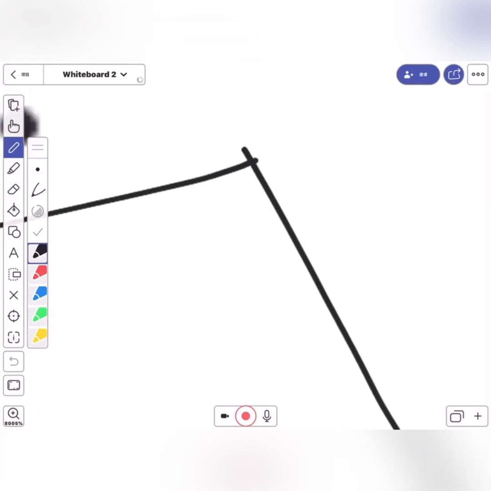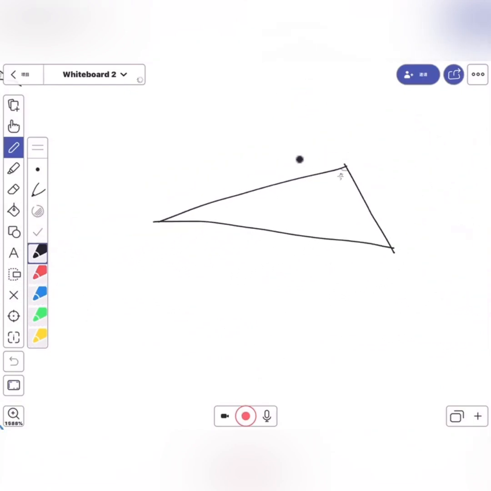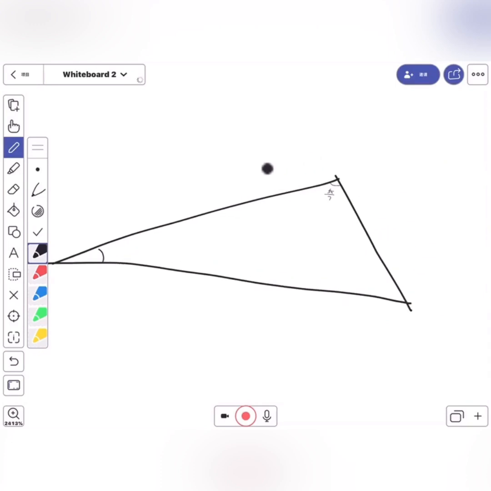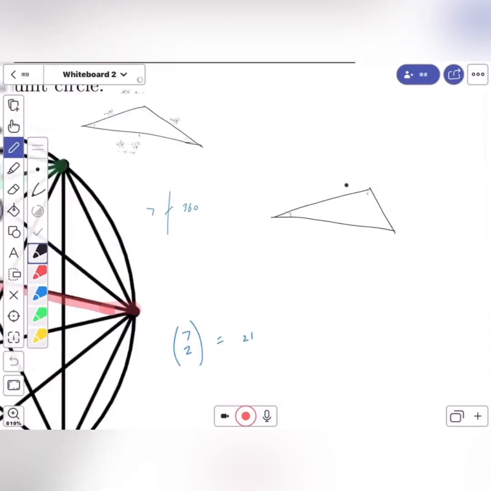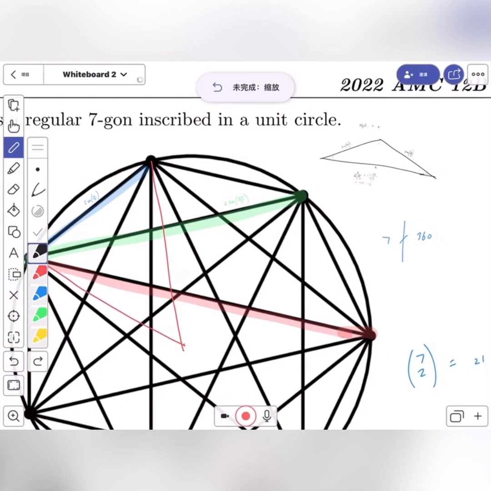In this triangle, we know that this angle is 5 pi over 7. What about this angle? Well, now remember that this triangle is actually one part of this entire trapezoid.